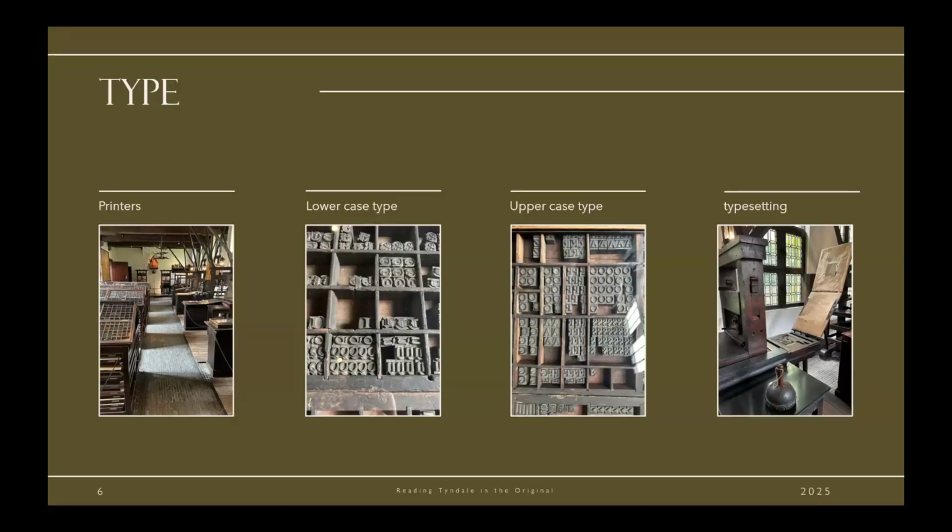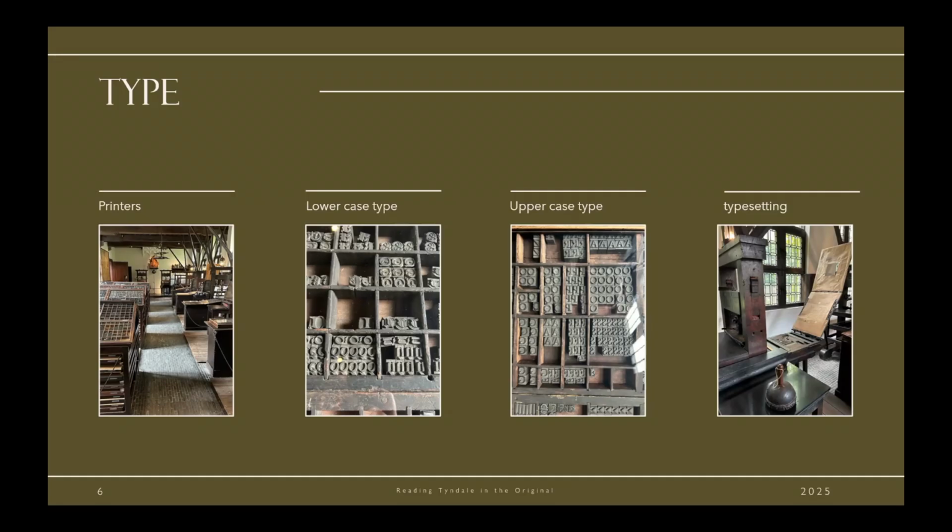When we were at the museum in Antwerp, it was wonderful for me and many of us to see the actual equipment that Tudor printers used. Here you can see how the letters were put into trays, and the printer would select a metal type, put it into another tray, put it together, and then that would be printed on paper.